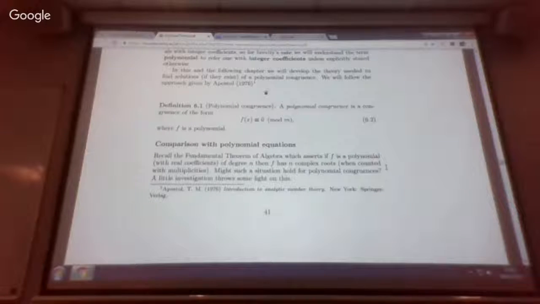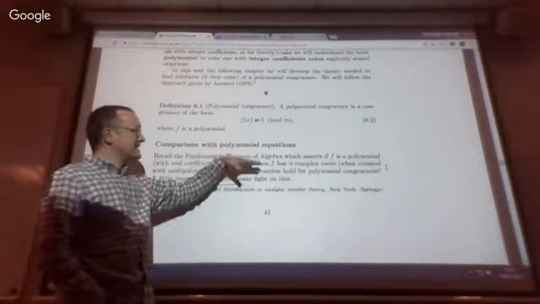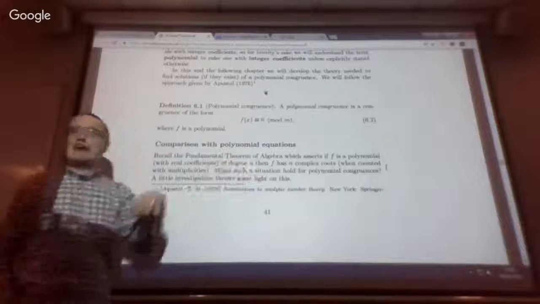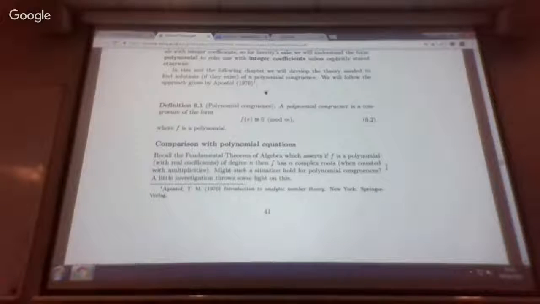But they may need to be counted with multiplicities. Sometimes you can have a root of a polynomial occurring with a higher multiplicity, of course. But there's this really nice, clean result that a polynomial of degree n has n solutions in the domain of complex numbers.